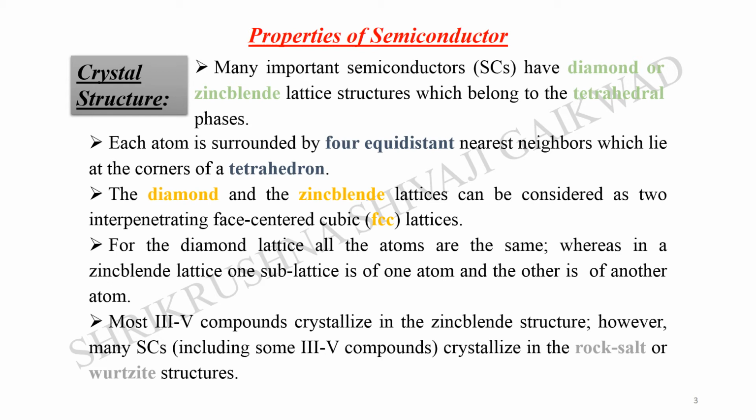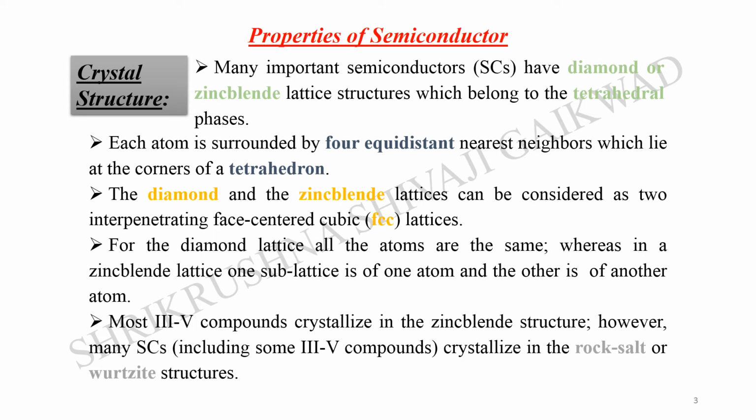Okay. Now, if we look at the periodic table of the elements, most of the group 3 and group 5 compounds crystallize in the zinc blende structure. Obviously groups 3 and 5, because the octet should get completed.